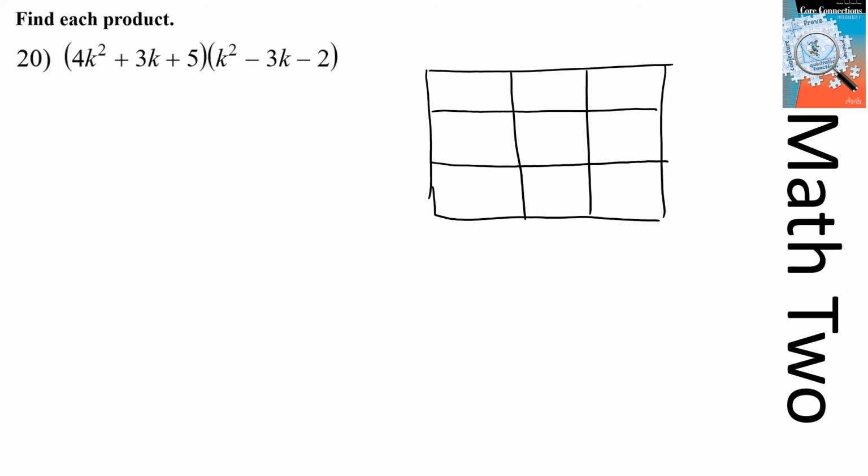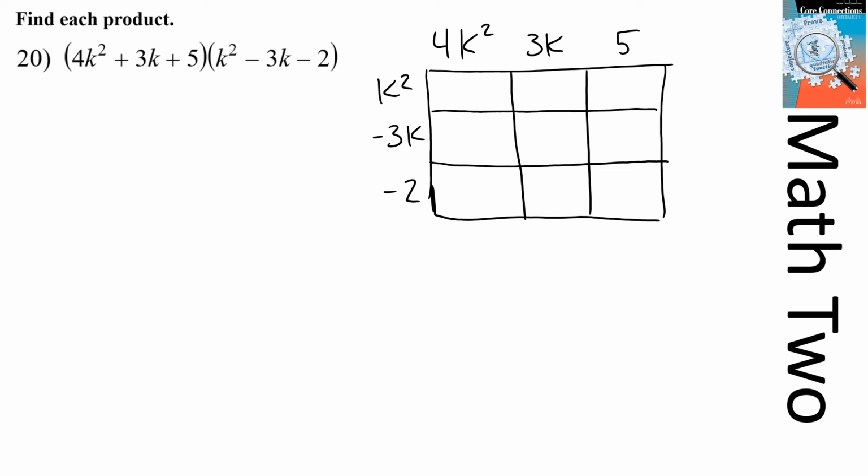And I'll take the first 3 terms as my column header, so I'm going to write a 4 times k squared, and then a positive 3k, and then finally a 5. And for the other trinomial, we had a k squared, and then minus 3k, and then minus 2.